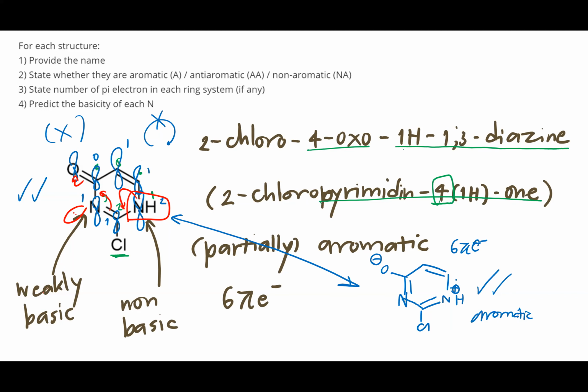Even amines are weak bases. If you compare the amines with sodium hydroxide, then this is much weaker basic than sodium hydroxide. And if you compare sodium hydroxide with, for example, N-butyl lithium, then these are so-called weak bases. This one is a strong base.